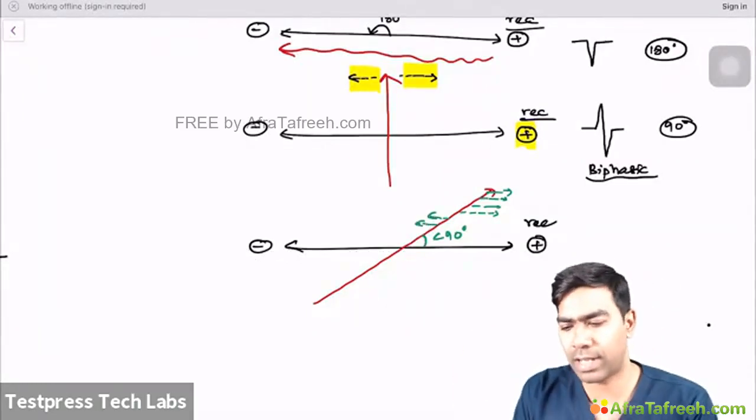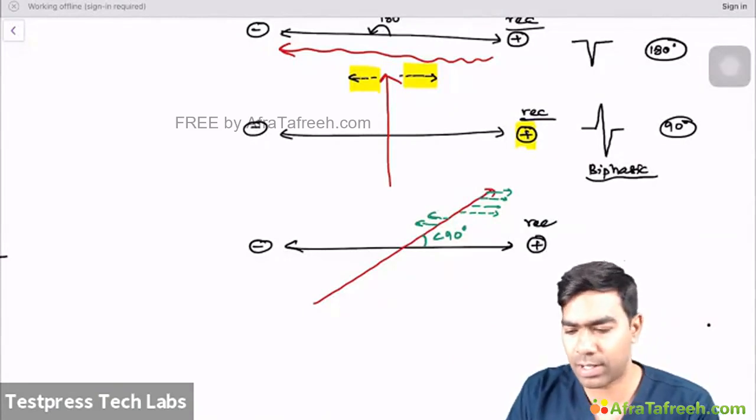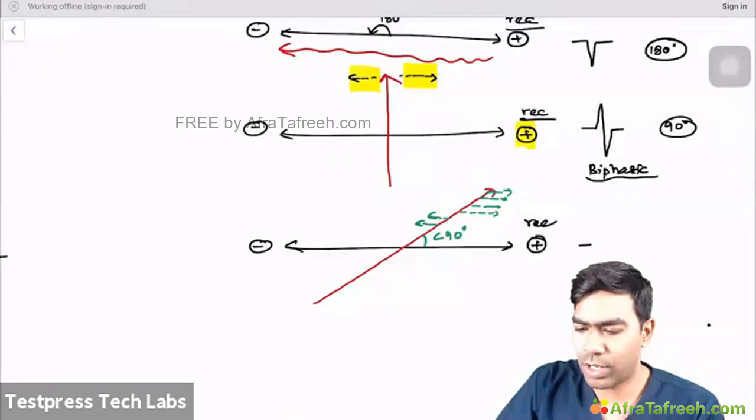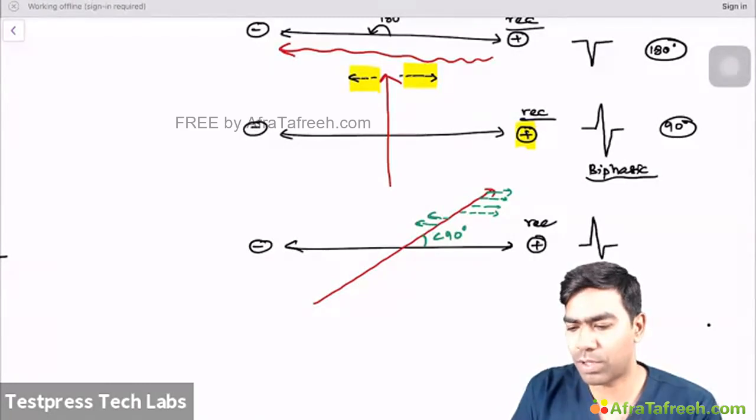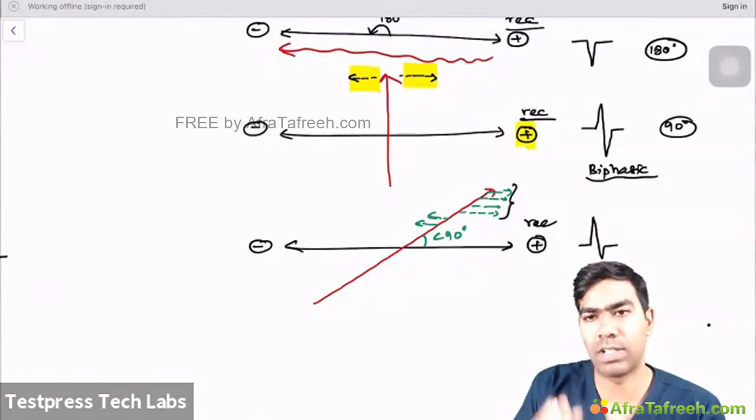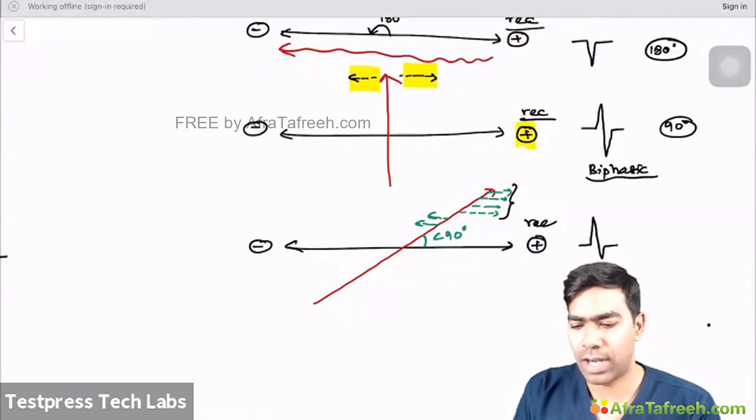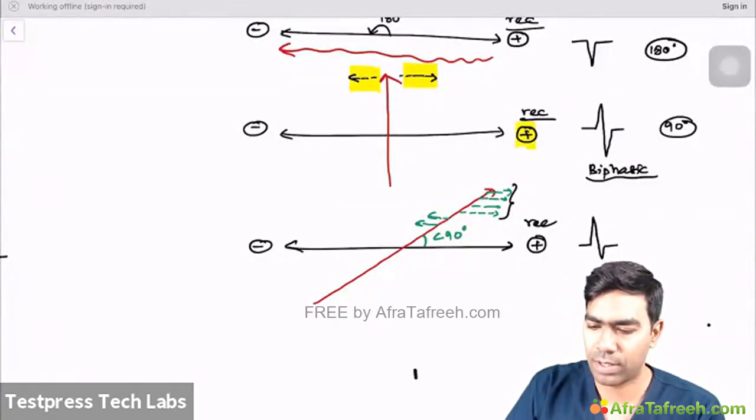Since more vectors act towards the recording electrode, you are going to have a predominantly positive deflection and a small negative deflection, because a little is away from the recording electrode.